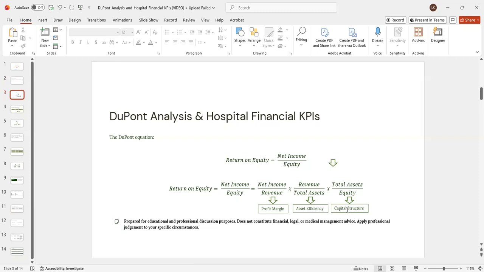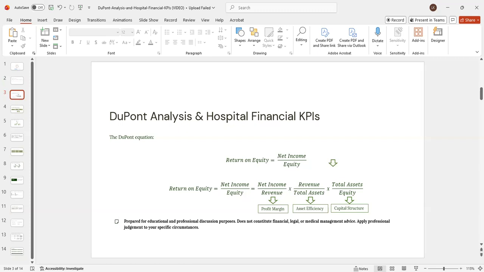And similarly, the third component allows you to see how much of your total assets was financed with equity. Now you can see, as a healthcare leader, which component is driving or dragging your financial performance, and you can focus on that, in conjunction with everything else, to make operational changes such that you get to the right strategic outcomes that the board and leadership are interested in.